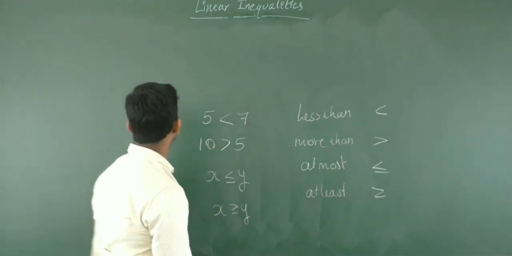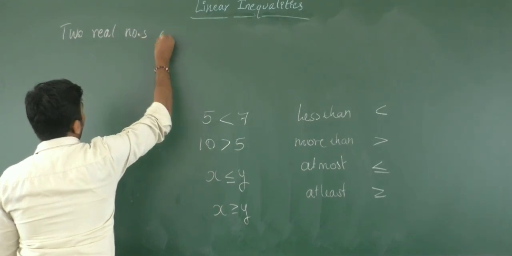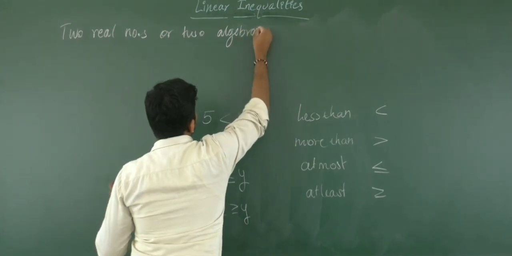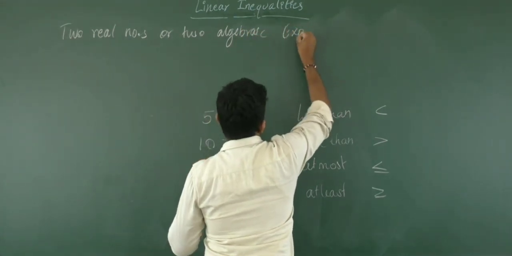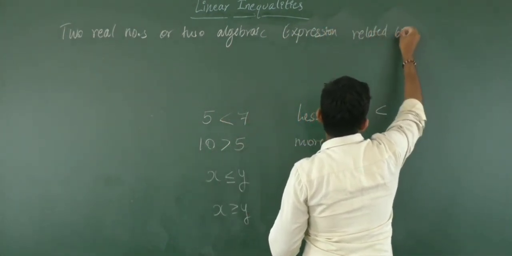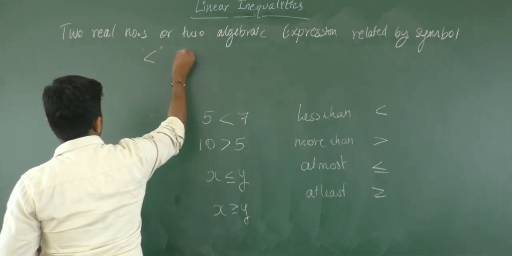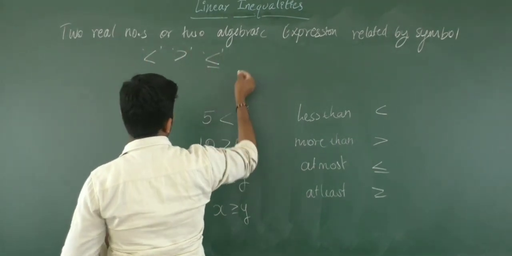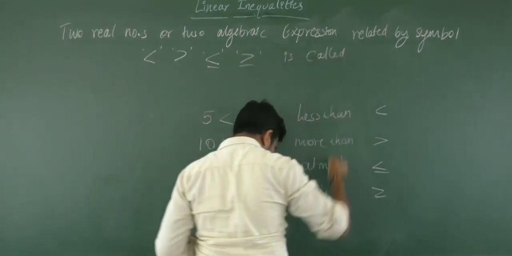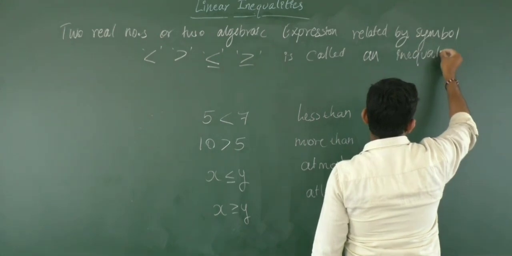So how can we define it? See, two real numbers or two algebraic expressions related by the symbol less than, greater than, less than or equal to, or greater than or equal to is called an inequation or inequality.